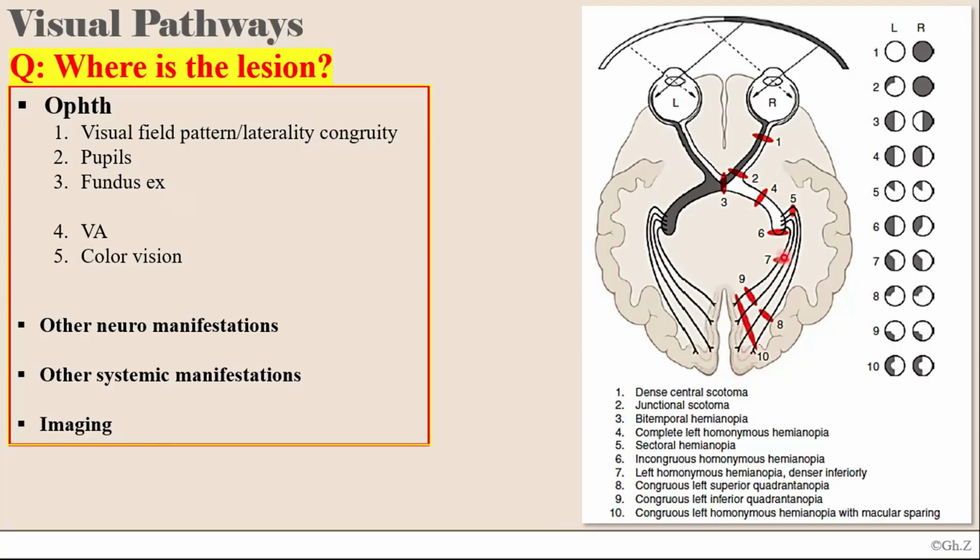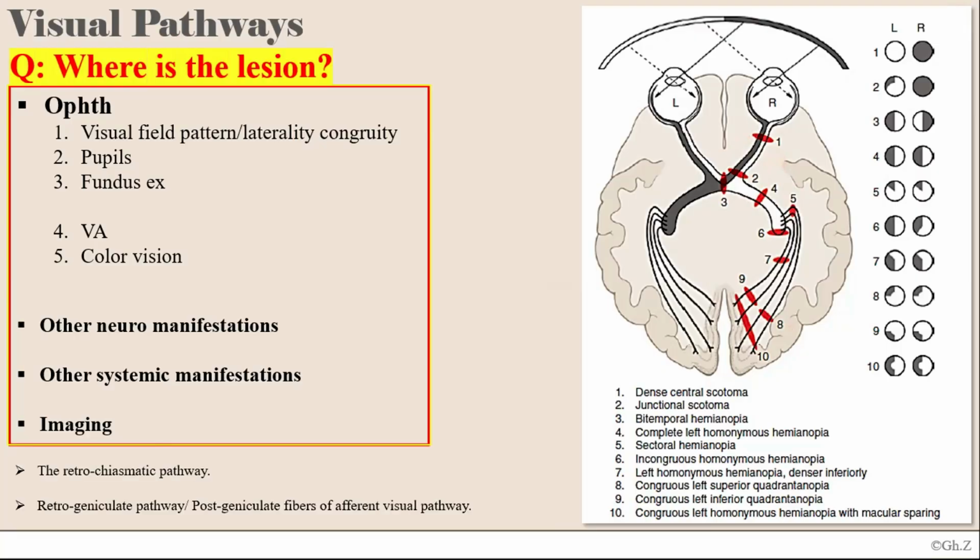So in the retrogeniculate pathway, fundus examination is normal. Because if you remember, the optic nerve is second-order neurons and fibers relay in the lateral geniculate body. So if we have a lesion before the lateral geniculate body, it results in optic atrophy, and we talked about the optic atrophy patterns in optic tract lesion and optic chiasm, and of course if we have an optic nerve lesion.